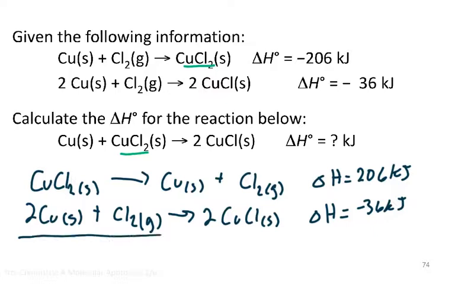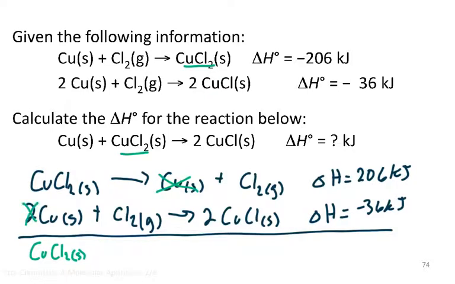Now I can add things up and check. So my copper 2 chloride stays. This copper cancels out. This becomes a 1.